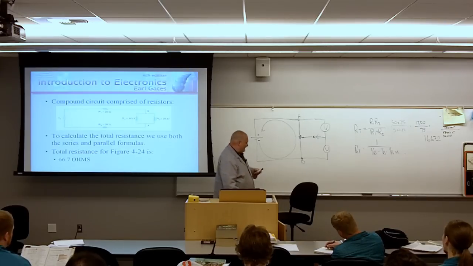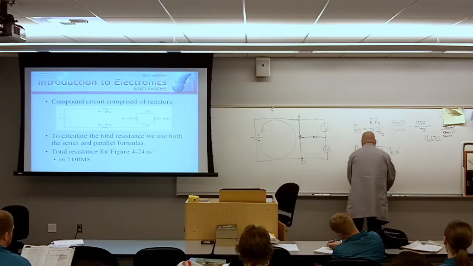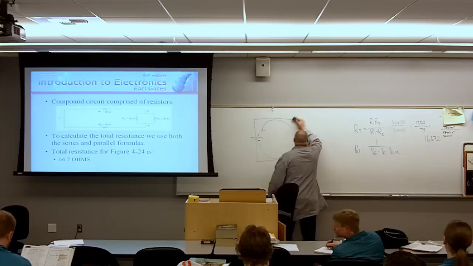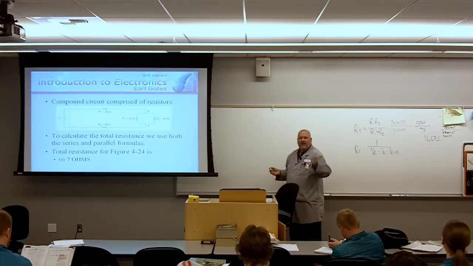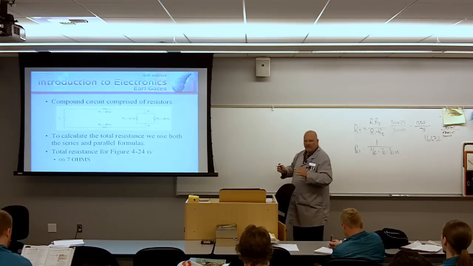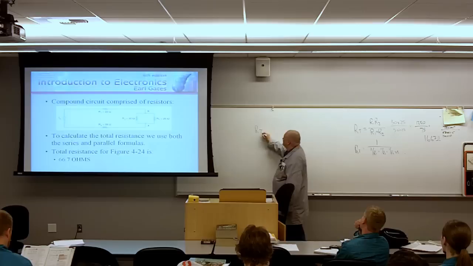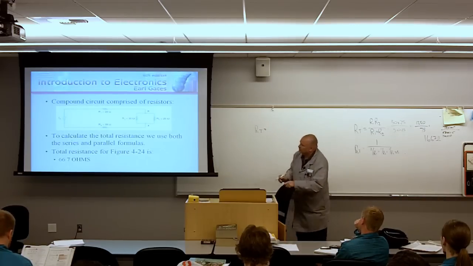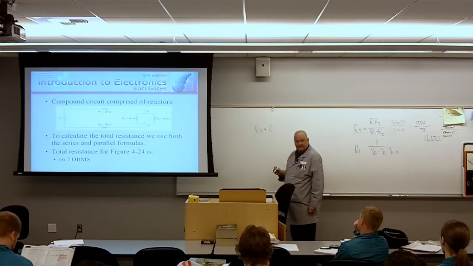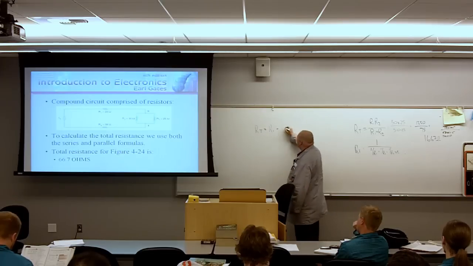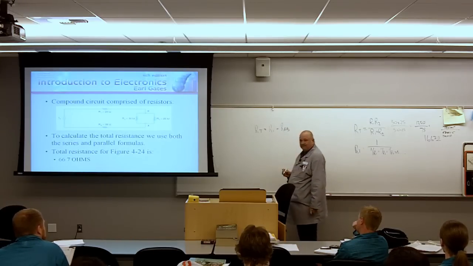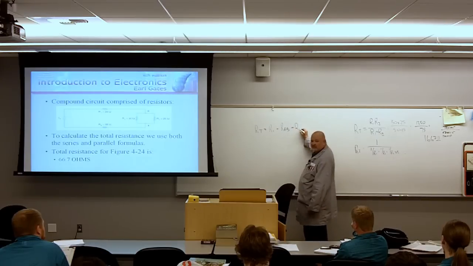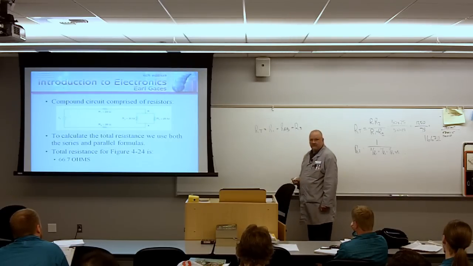So to lay this out mathematically, the way that I would actually calculate this whole problem is RT for this circuit, total resistance, is going to be equal to the resistance of resistor 1 plus the resistance between node A and B plus the resistance of resistor 4.